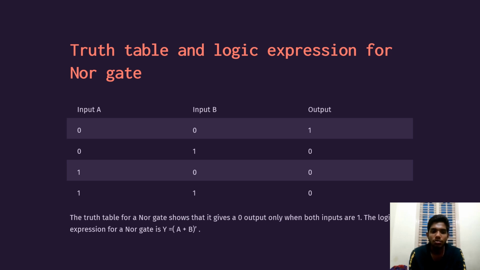This truth table for a NOR gate shows that it gives 0 output when both inputs are 1, or when one of the inputs is 1 or 0. It shows 1 only when both inputs are 0. Therefore, the logical expression for the NOR gate is Y equals (A plus B) whole bar.